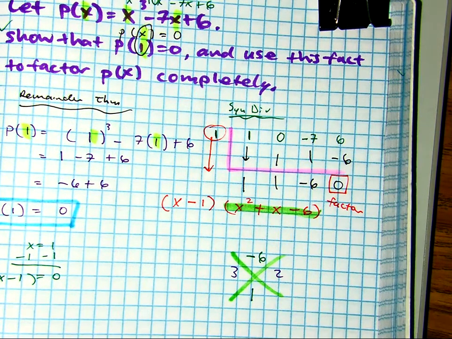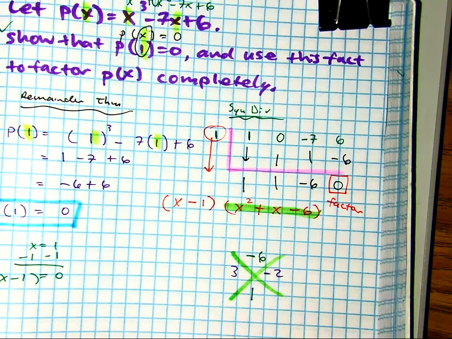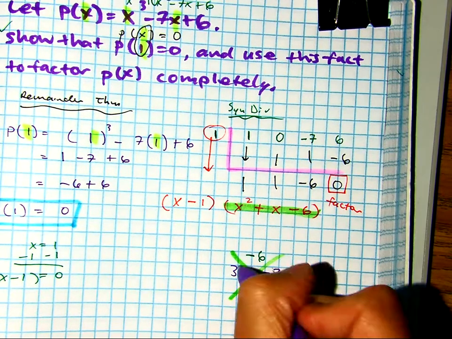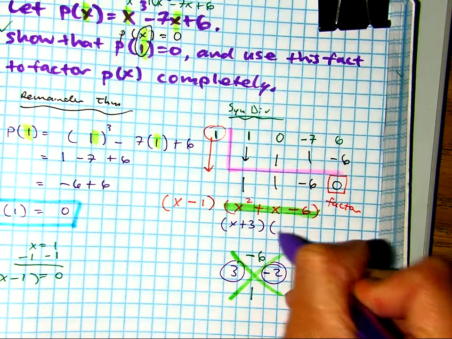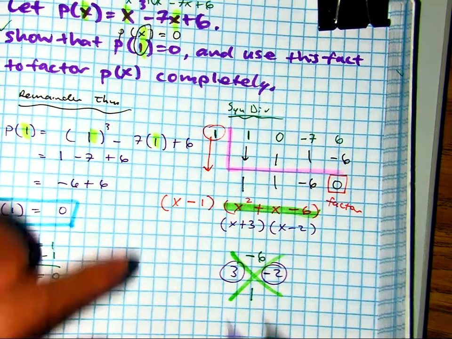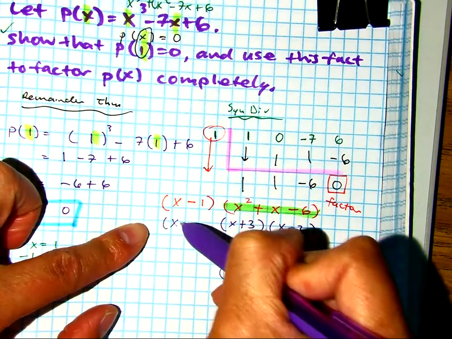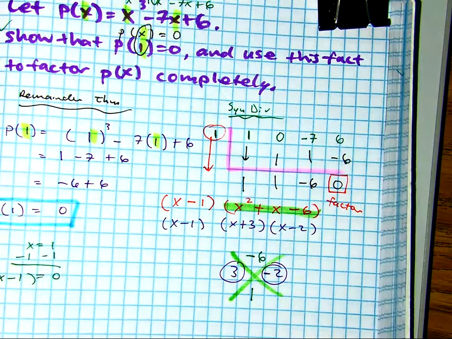Which one is negative? So these two numbers become x plus 3, x minus 2, and then you have this one as well, x minus 1. And here in orange is our final answer.